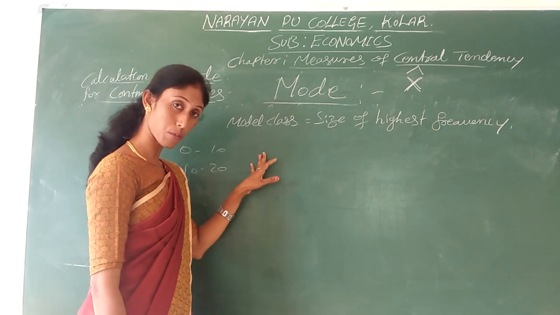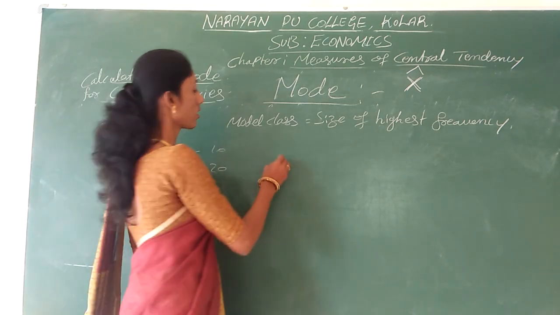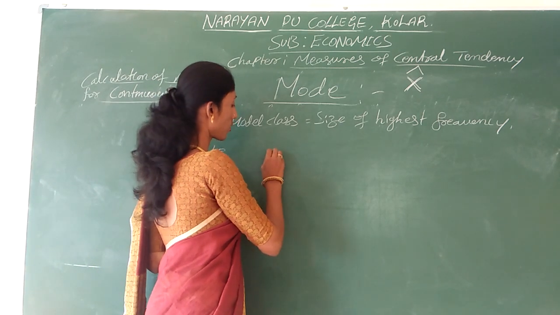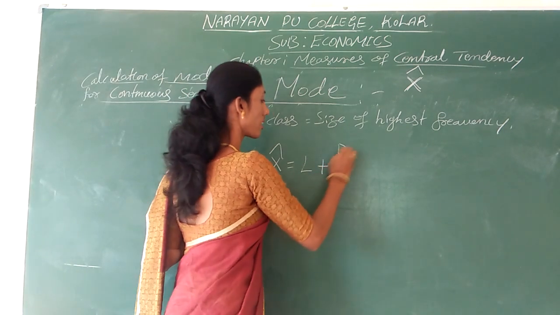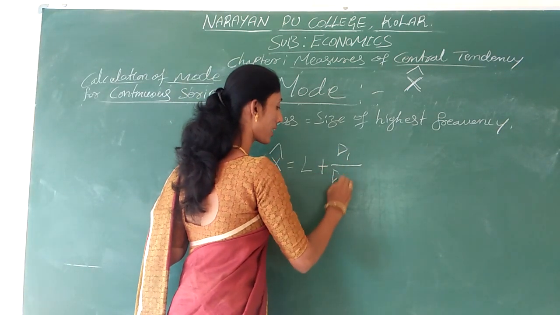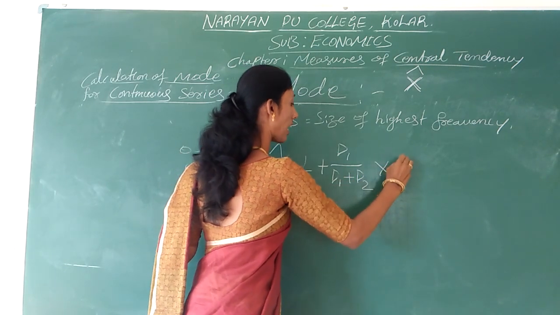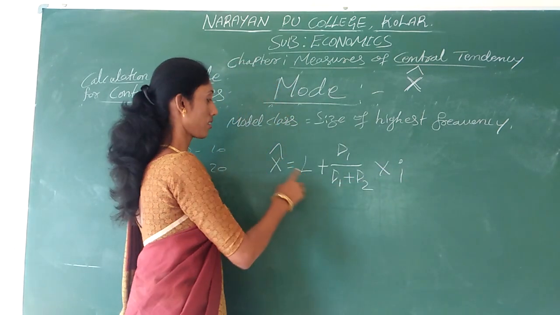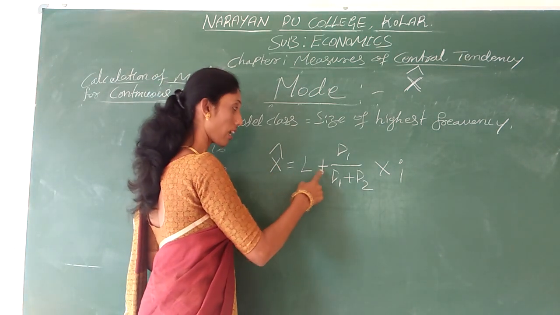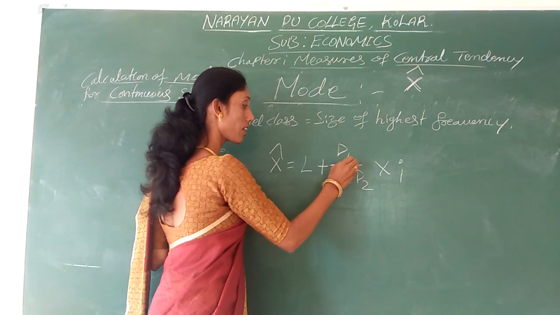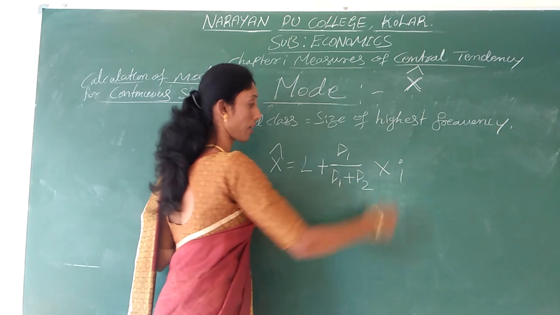After finding the mode class, as with the median, we have a formula to find the mode: L plus D1 divided by D1 plus D2 into I. Got it? X hat, which means mode, equals L plus D1 divided by D1 plus D2 into I.